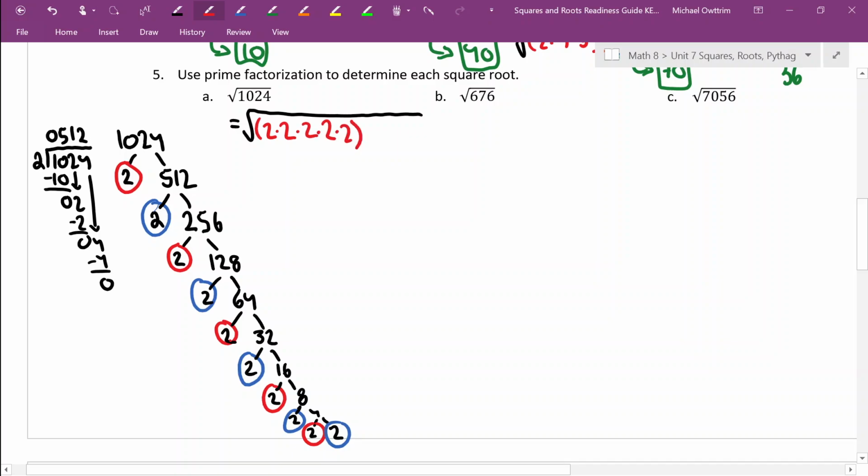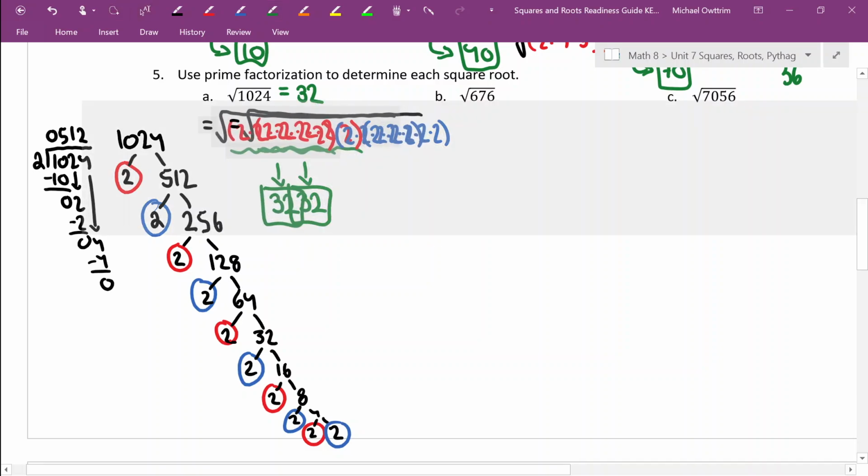And same for the blue group, 5 factors of 2. Now the value of our square root will be the value of one of these groups. So 2 times 2 is 4, times 2 is 8, times 2 is 16, times 2 is 32. So we can say the square root of 1024 is 32, the value of one of our groups of prime factors.